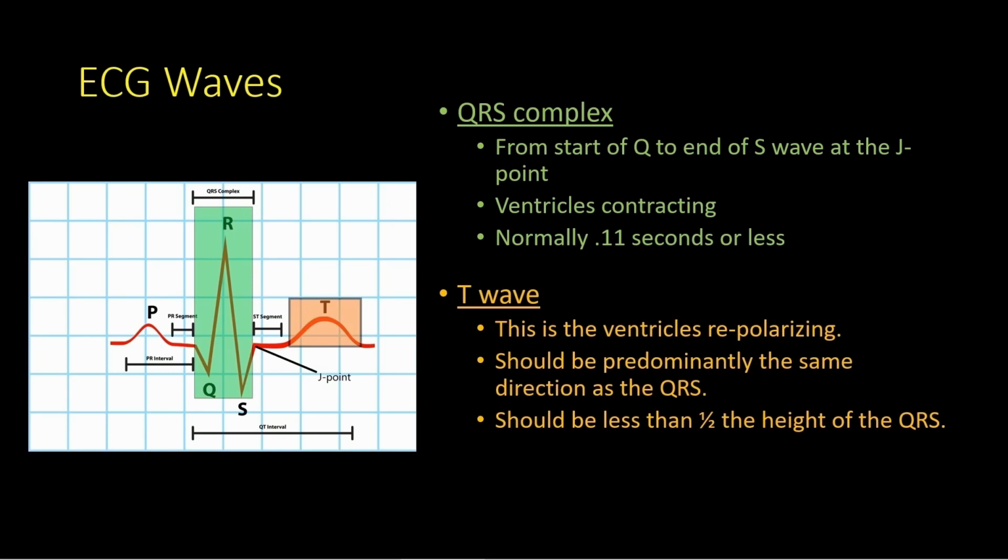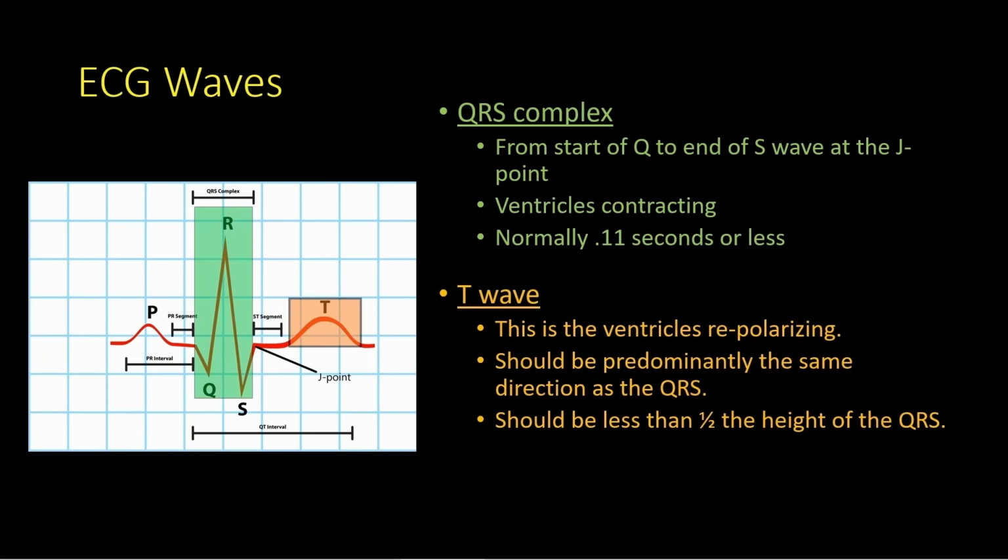It will eventually return to the J point, where there will be a brief pause and then a T wave. The T wave is the ventricles repolarizing. This should be predominantly the same direction as the QRS complex, and it should be smaller than the QRS complex.